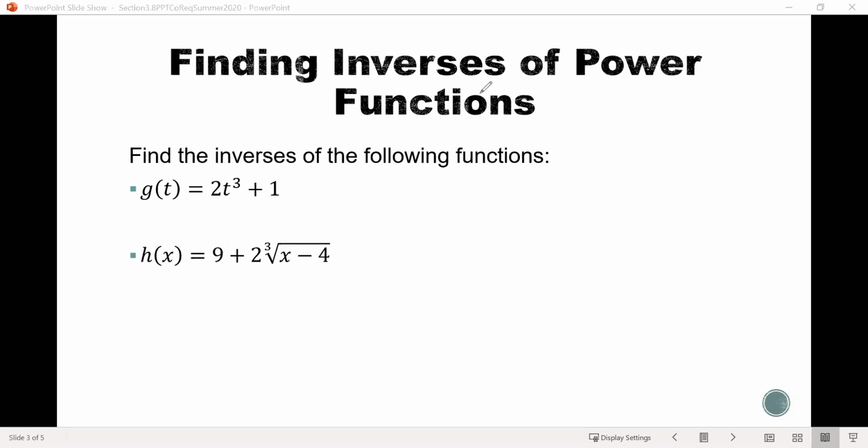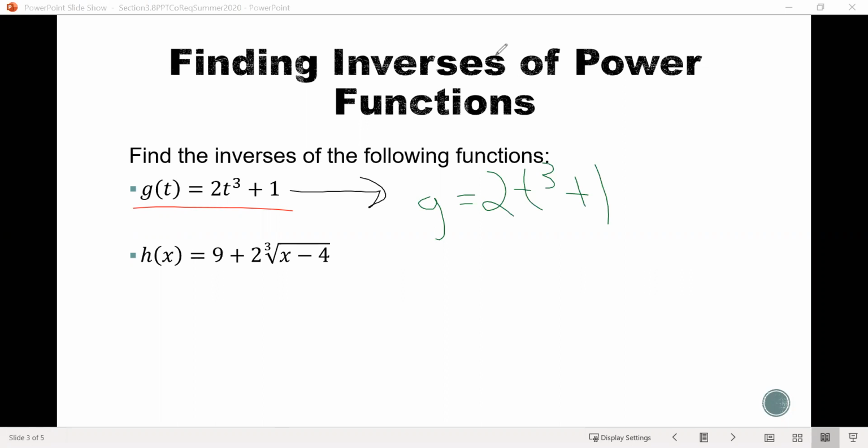We've talked about inverse functions before, back in chapter 1. And recall that what makes something an inverse function is it switches the inputs and outputs of a function, right? So if we want to find the formula for the inverse function of g of t here, well, the way we can do that is we'll start by writing this as g equals 2t cubed plus 1.